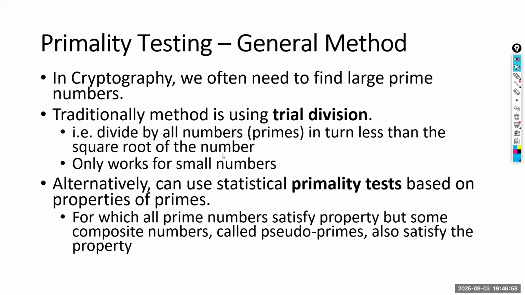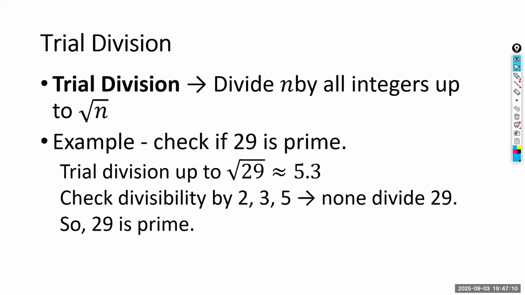There are different techniques to find it fast. One of the primality testing approaches is trial division. These are called primality testing algorithms. Actually, trial division is the easiest algorithm.